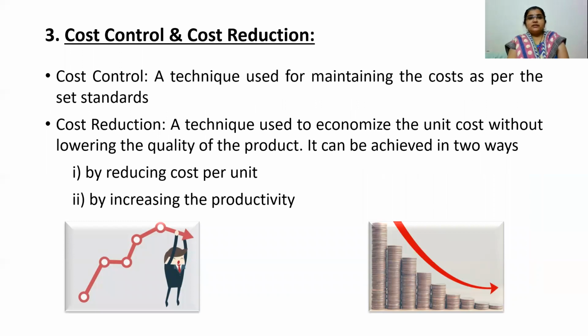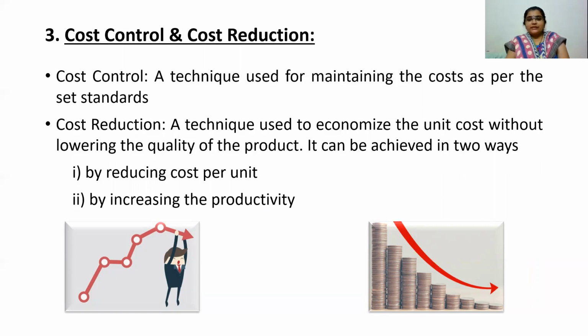Then we have the third objective, that is cost control and cost reduction. Cost control is a technique used for maintaining the cost as per the set standard in the organization, and cost reduction is a technique used to economize the unit cost without lowering the quality of a product.